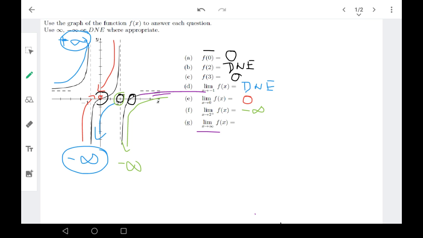My graph is going toward positive infinity in x, right? But in y, what is happening? My graph will never go higher than 1. It will be really, really close to 1 because there I have an asymptote here. It will never cross this dotted line. So that means that my limit will be the value that I'm approaching, that is 1.